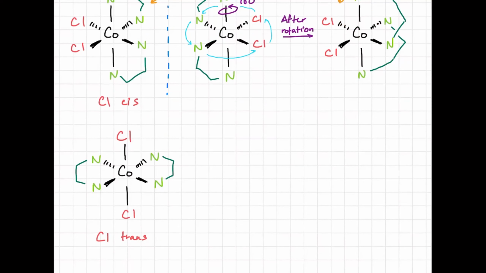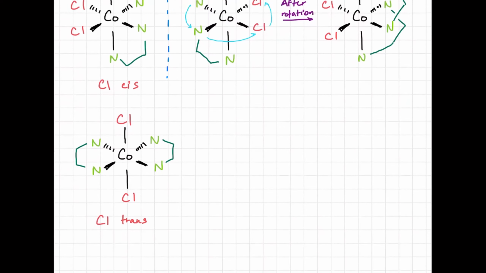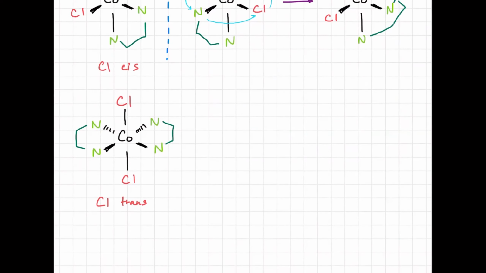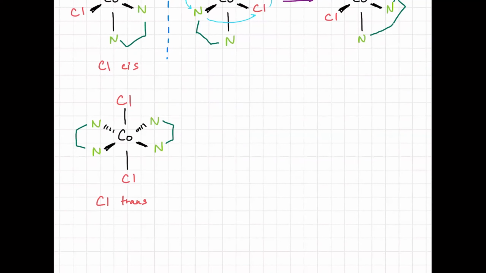Okay, let's look at the trans isomer. The reason why I drew it like this, well, let's do what we did above. I'm going to do the mirror image again.